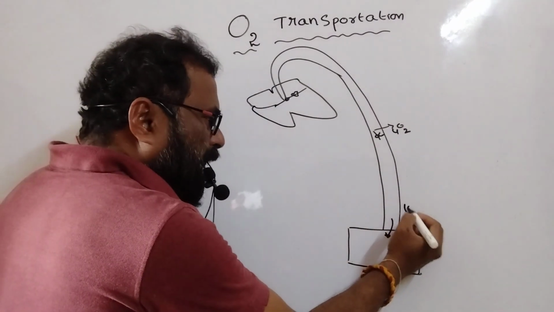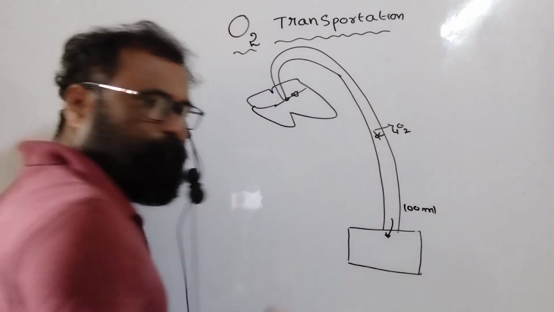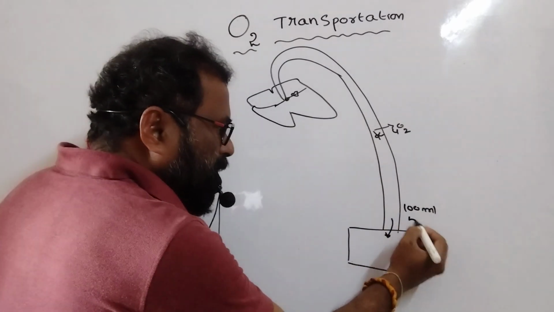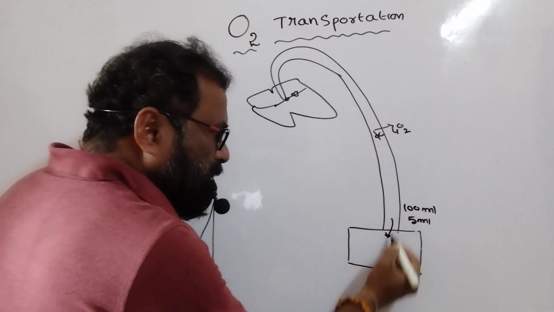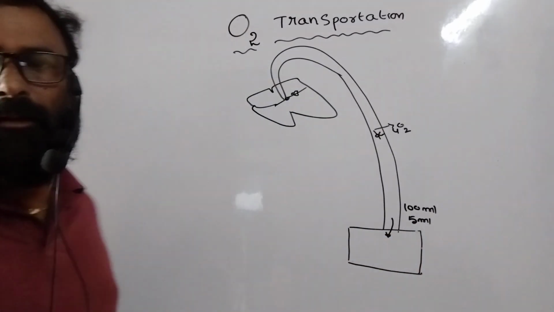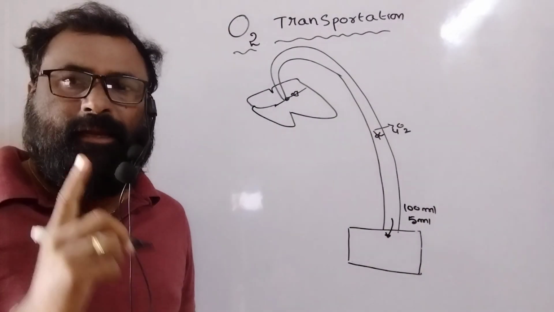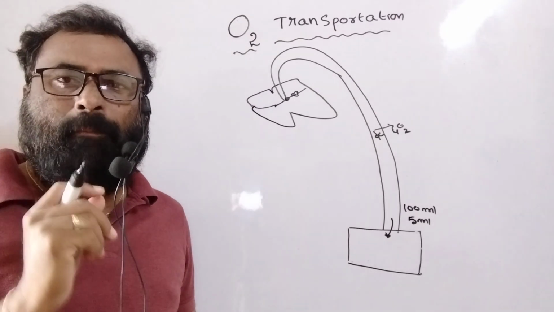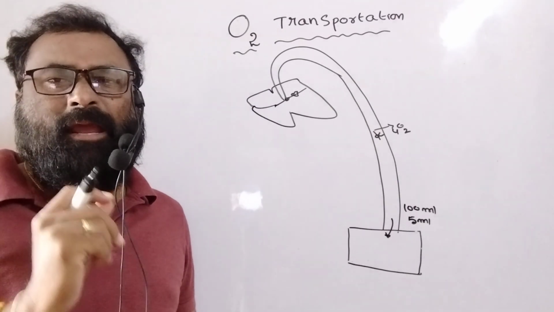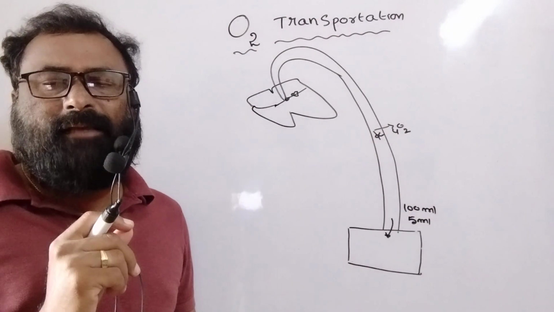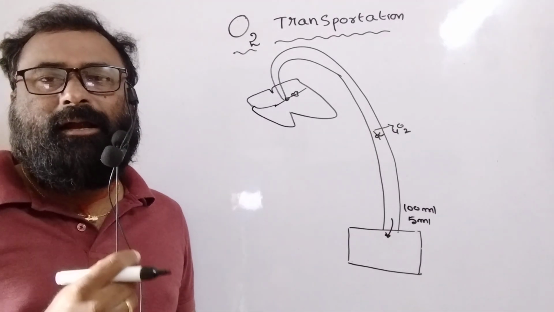For every 100 ml of blood, 5 ml of oxygen is dumped into the tissues. A question like this will be asked in NEET: for every 100 ml, how many ml of oxygen enters the tissues?